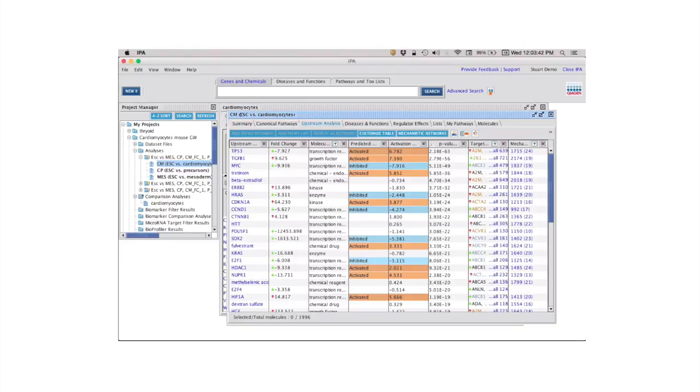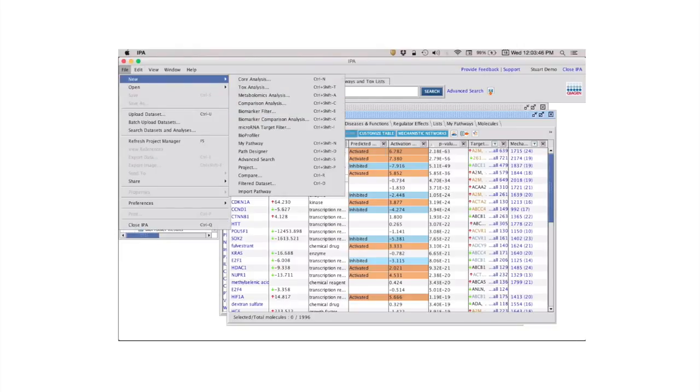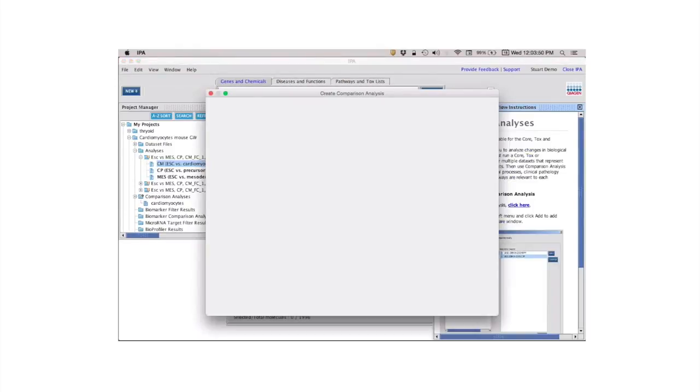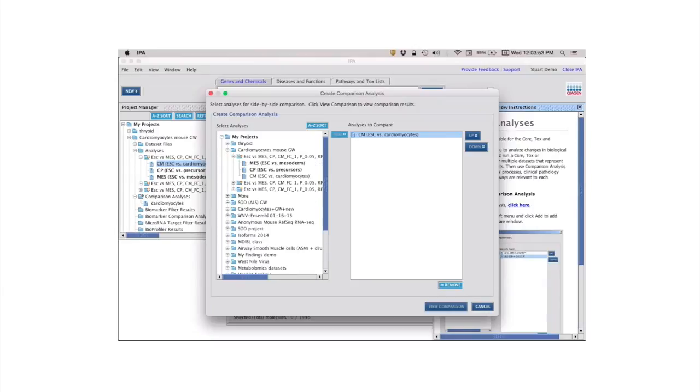Then it's really easy: File, New Comparison Analysis, pick your 3, add them there, and view comparison.